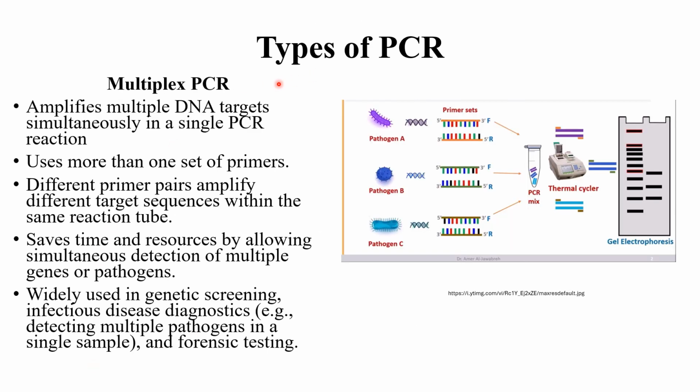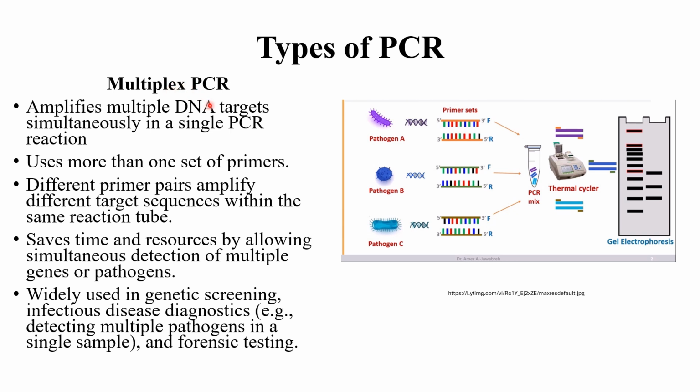Then we have the multiplex PCR. This is a very interesting one because sometimes you want to find multiple pathogens in a sample, or you suspect multiple infections. We want to check multiple genes, for example, in diseases where multiple mutations can contribute to the pathogenesis of the disease.